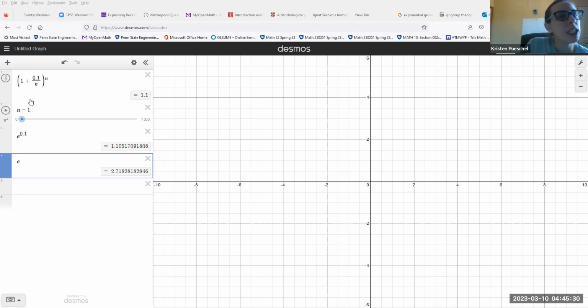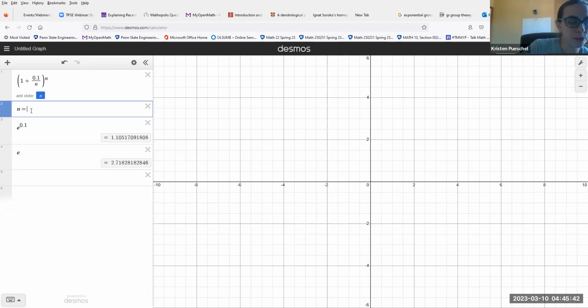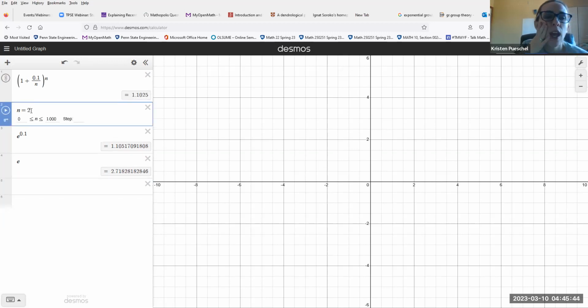What you see here is with compounding once a year, that gave us a base of 1.1 or a 10% return. If we let n be equal to 2, we see that our base is now 1.1025, which means that we're making 10.25% per year.